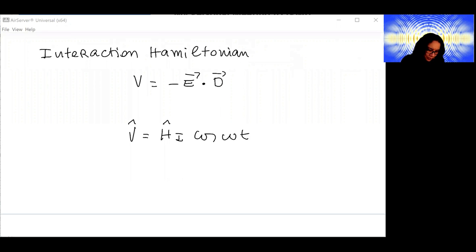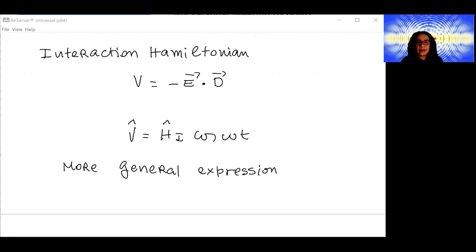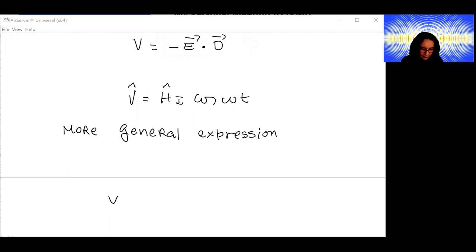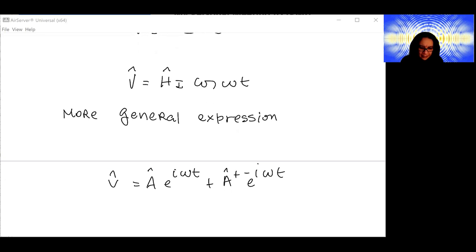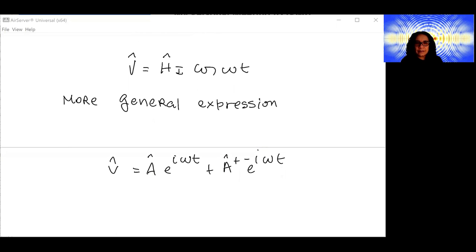It is for us more interesting to write it in a slightly more general way. So we are going to use this expression, whereby this is the annihilation operator, and this is the creation operator.